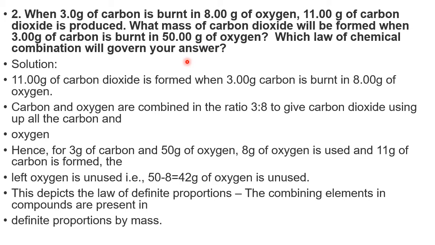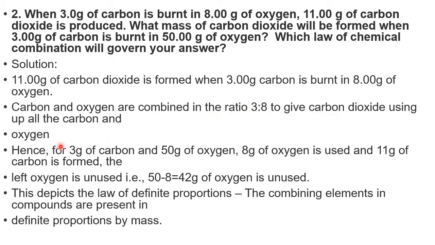So carbon C plus oxygen O2 gives CO2. This is the chemical equation, simple chemical equation, right? 11 gram of carbon dioxide is formed when 3 gram of carbon and 8 gram of oxygen is burnt, right? That means carbon and oxygen are combined in the ratio 3:8 to give carbon dioxide.